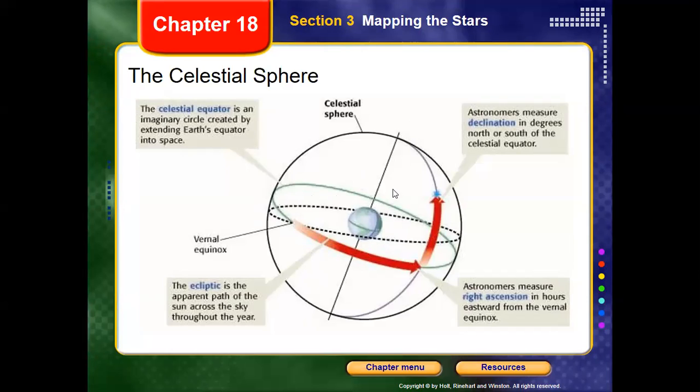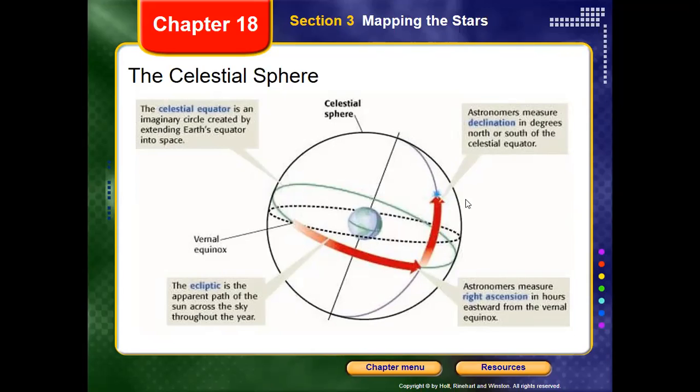Regarding the northern and southern sky, we can describe the location or position of a certain object, for example this star. To determine this location, we should first know whether it is above the celestial equator or below the celestial equator.